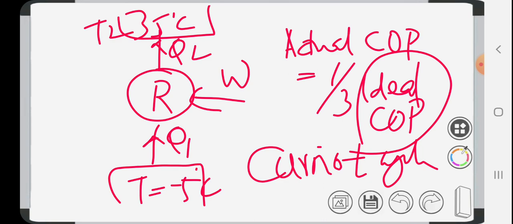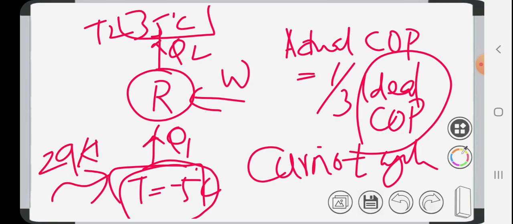Students, we don't have the value of COP, but it is given that 29 kilowatts of heat is being leaked from the surroundings into the space to be cooled. In order to maintain the temperature of the space at minus 5 degrees Celsius, we have to extract 29 kilowatts from that same space.